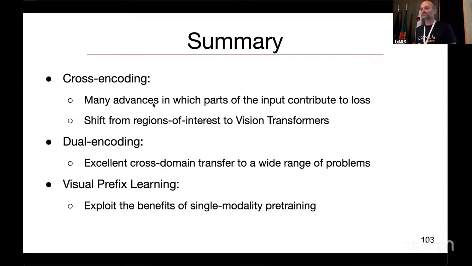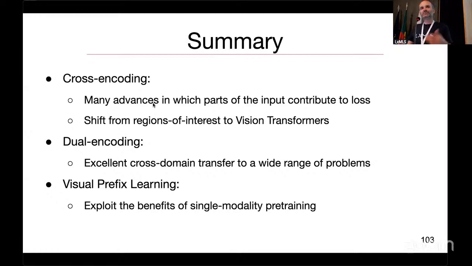Then, simultaneously, actually, we had a dual encoding strategy. And this is models like CLIP, which are still commonly used on a nearly daily basis. Maybe some of you are using CLIP in your projects because it's open source and freely available for you to use. No, I'll call it open weight, not open source.